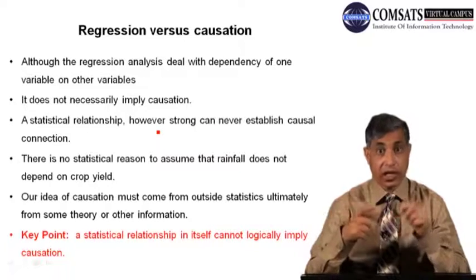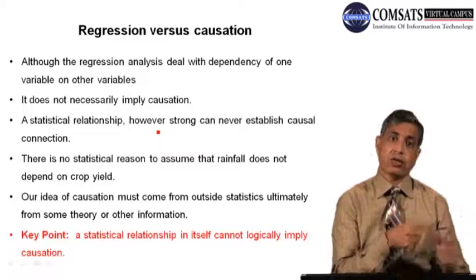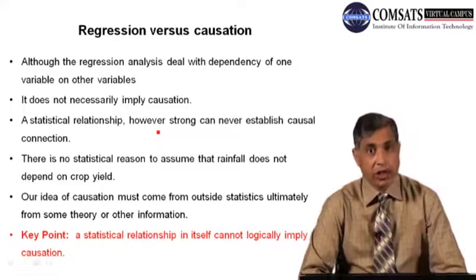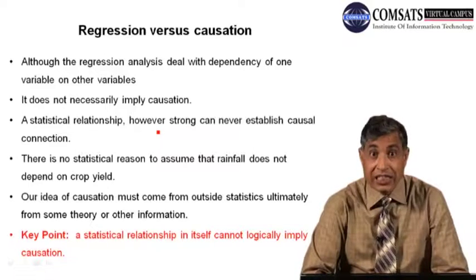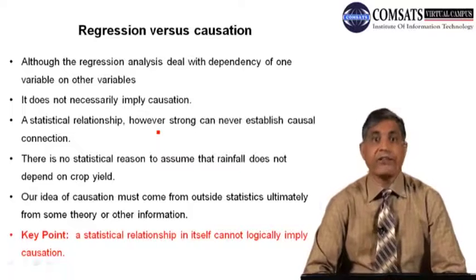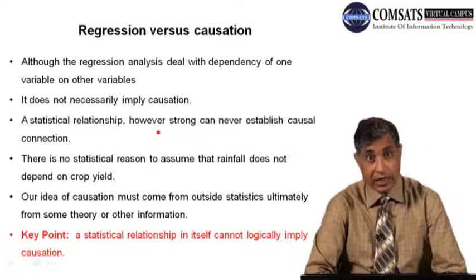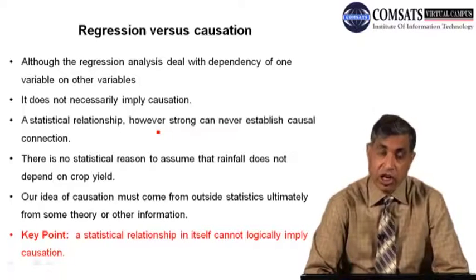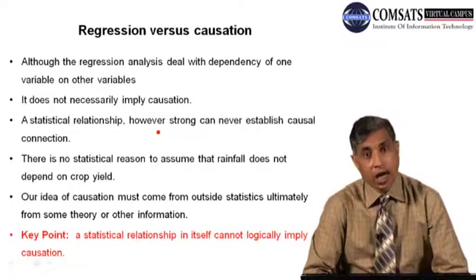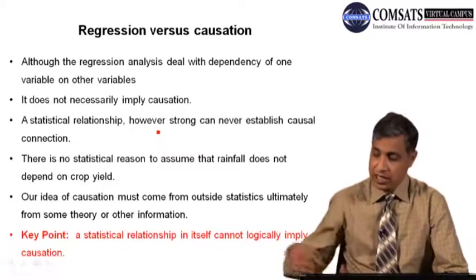As I gave the example, if you insist that you will write the weather on the dependent side and say that now the crop yield is independent, statistics cannot help us to choose which variable is dependent and which is independent. It is the theory outside of statistics. It may come from economics, it may come from finance, its origin may be from other social sciences like psychology, history, and many other things.